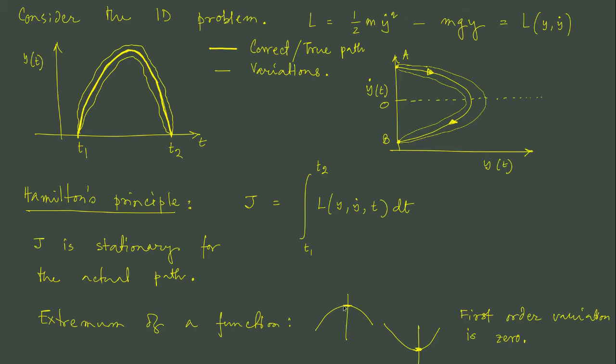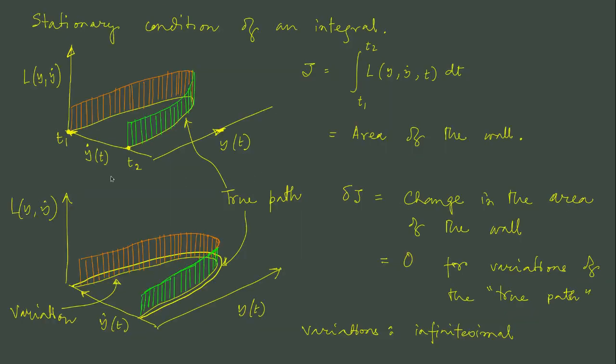Now, first derivative vanishes means that about this point infinitesimal changes in x will leave the function unchanged. We are looking at something similar here. J is our function, but it is a function of path, it is not a function of time, because after all time is integrated. So, tiny variation of the path will leave J unchanged.